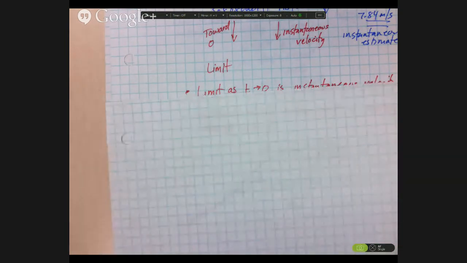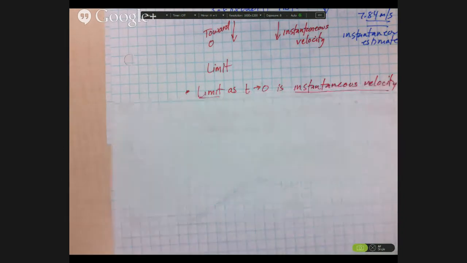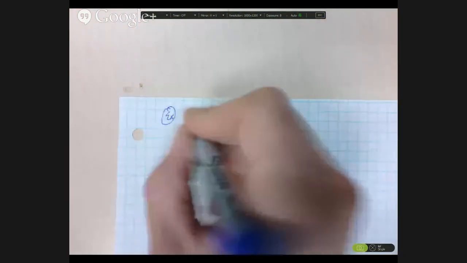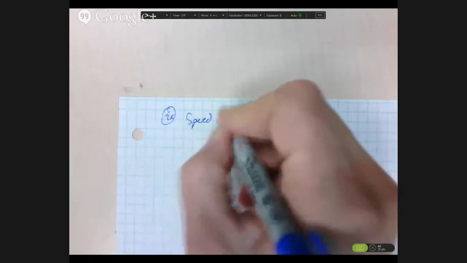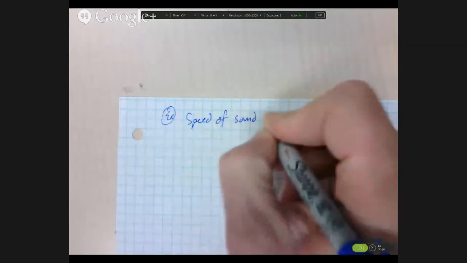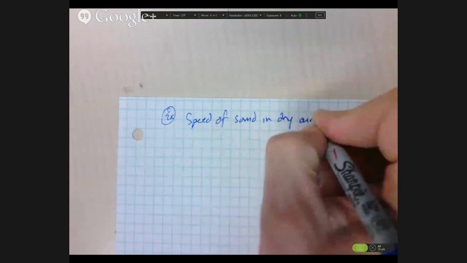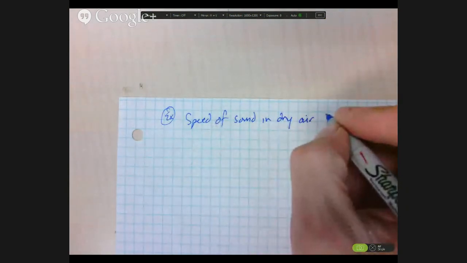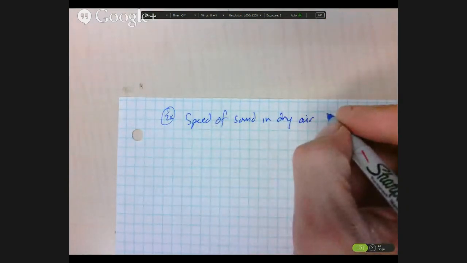All right, let's check out another example, the speed of sound in dry air, in meters per second.